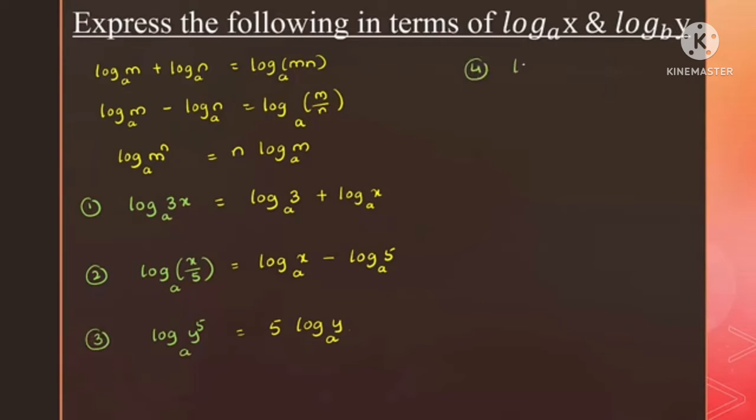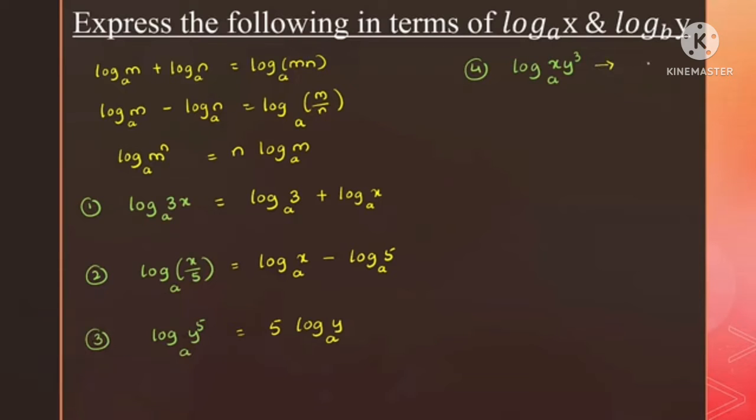Now come to the fourth problem. I am going to write log of x y raised to 3 to the base a. Solve this problem using these three rules. The question is log of x into y raised to 3 to the base a. How to solve this one?